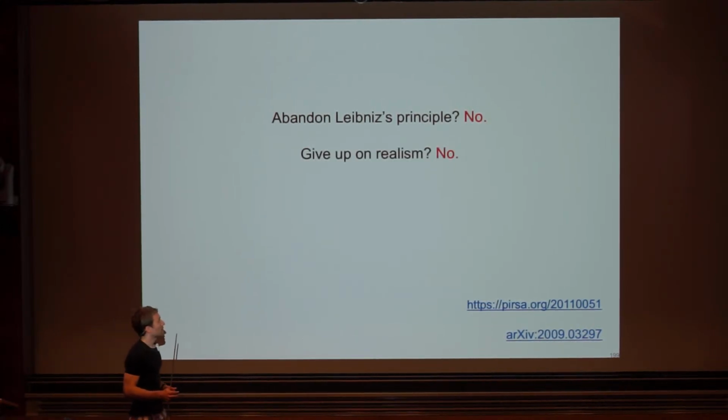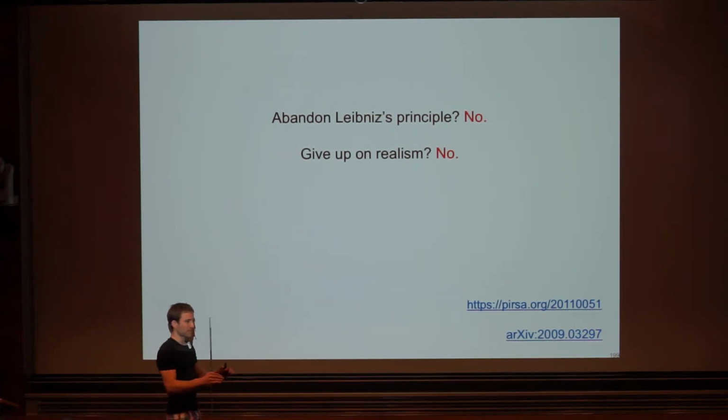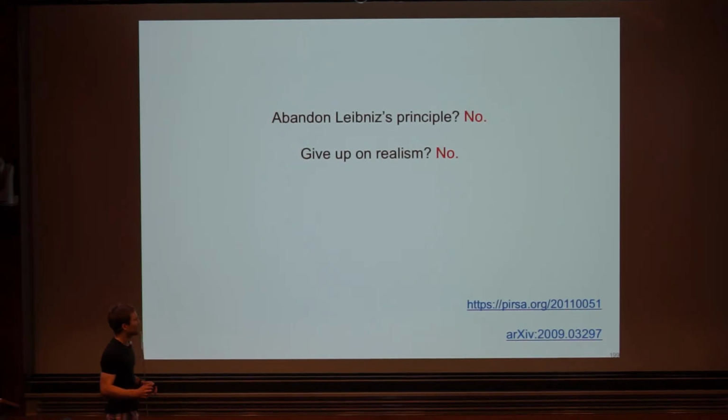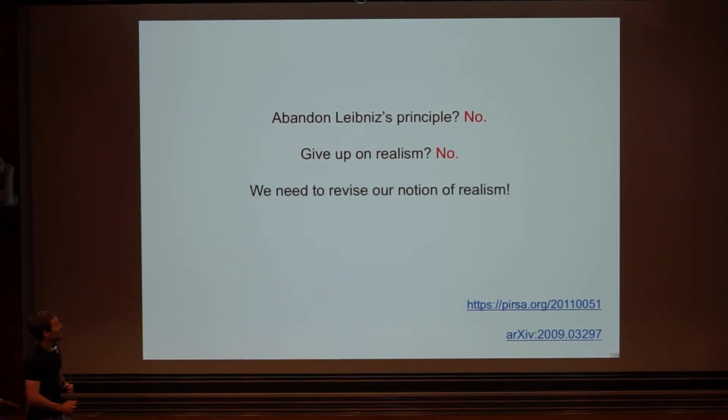Should we give up on realism? Should we say, well, maybe the ontological models framework was mistaken. We should stop trying to provide explanations of data in experiments, and we should just stick at the operational level and not worry about causal explanation. Well, I think that's also a bad approach. I think causal explanation is what drives us as physicists and as humans, for that matter.